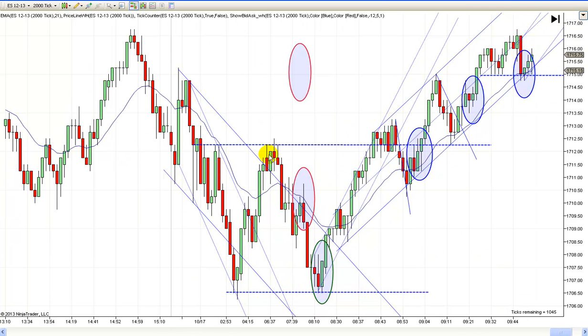Now this one was a little different. Prices pulled back. The reason the trader liked this was the trap. But if you're drawing your trend and your channels, you know that that's two legs up, and that's the first break of this little channel. And if you saw it this way, it's still the first break, so you still get to the same place. And then look, there's two measured legs down.